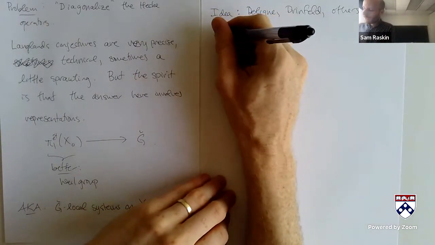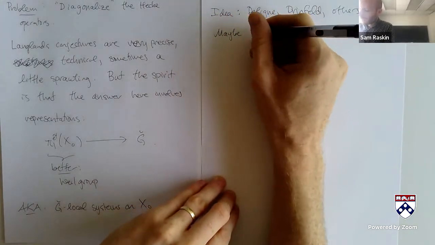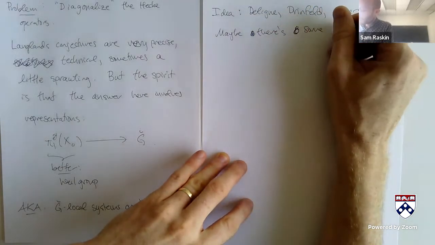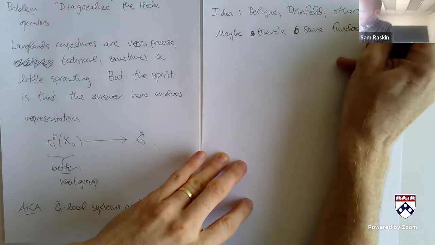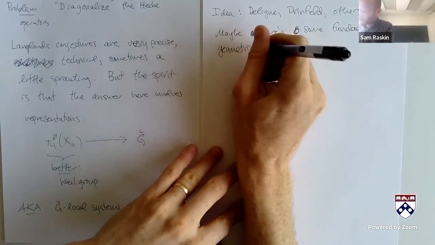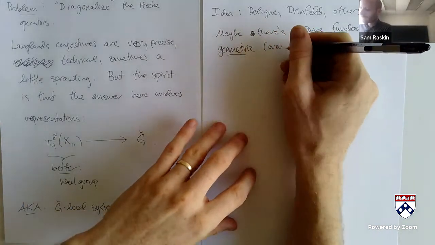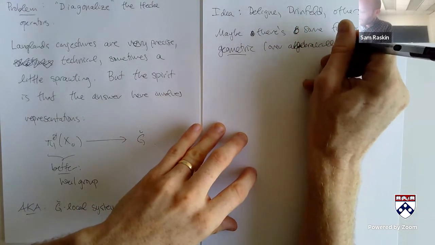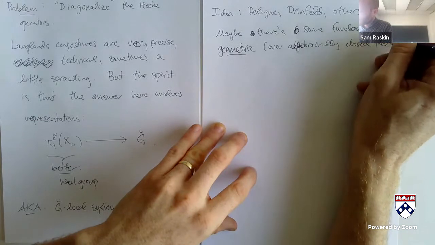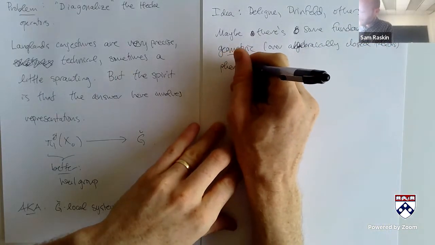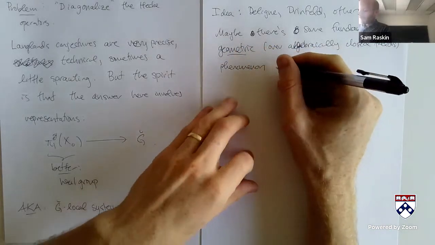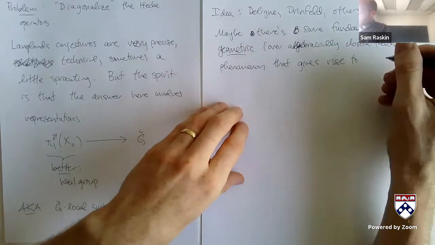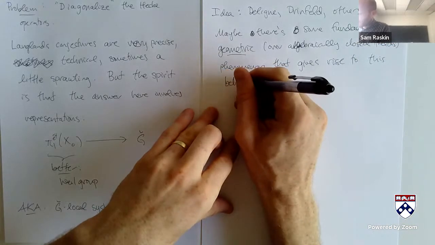And the idea was that maybe there's some fundamental, purely geometric phenomenon, let's say over algebraically closed fields, that gives rise to this behavior in harmonic analysis.